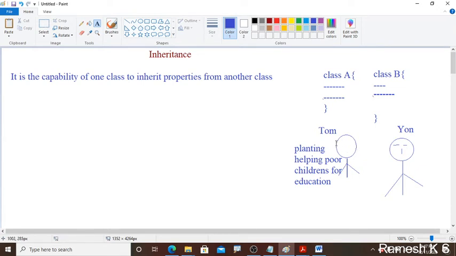Now what we are doing? We are inheriting. That means we are transferring Tom's properties to Yon. Now he is adopting his features, his properties. So finally these properties are also adopted by this person. We are inheriting the properties to Yon.